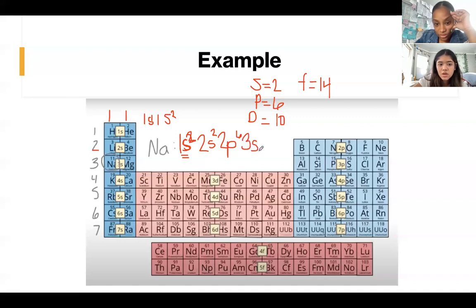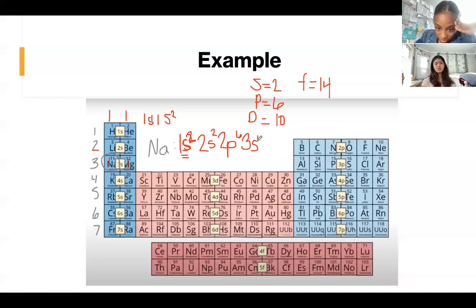Would it just be 3s2 or like the actual number like 3s11? There's always going to be 1 electron here, 1 here. So that would be 3s1.